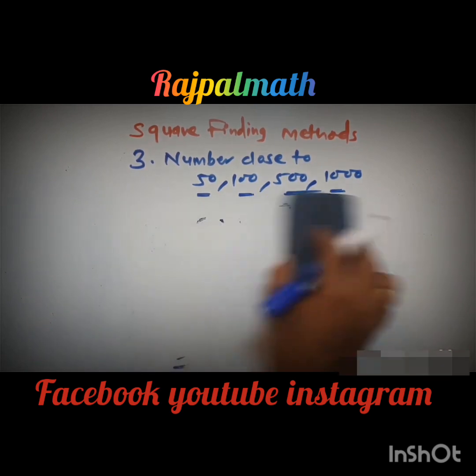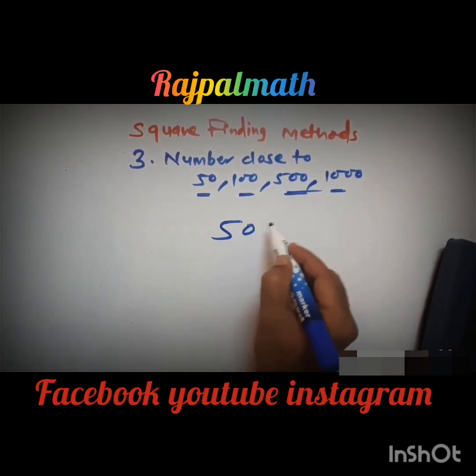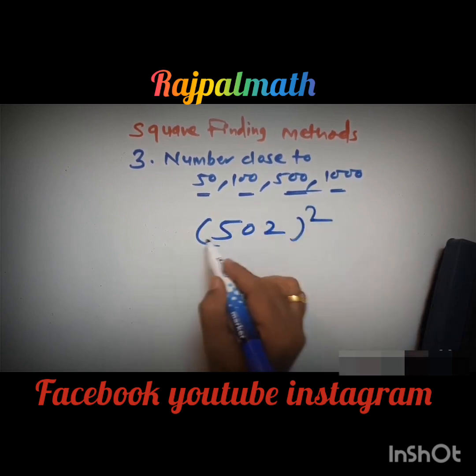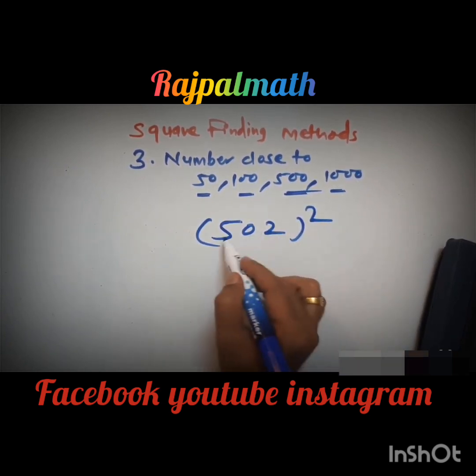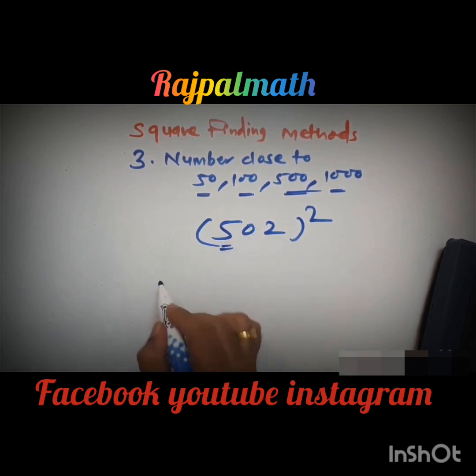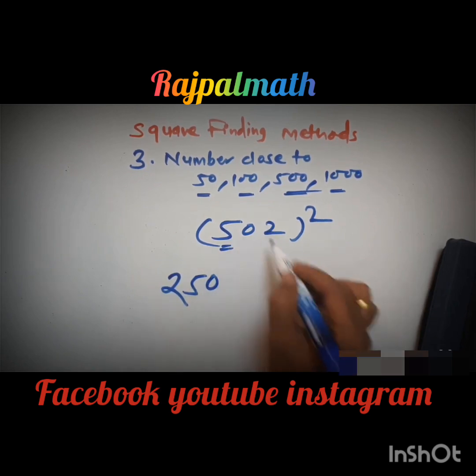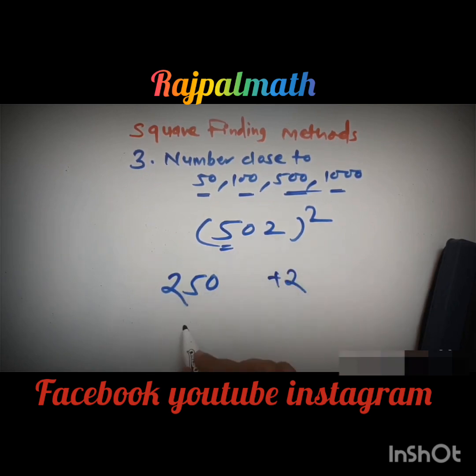I'll take one quick example where I want to find out the square of 502. If it is 5, I was taking 25. So in case of 500, I'm going to take 250, and the difference is plus 2. So I'm going to write 252, and square of 2 is 4.